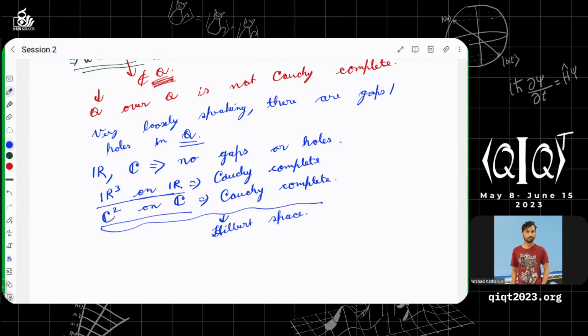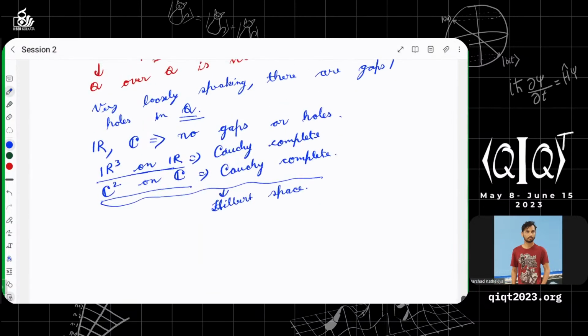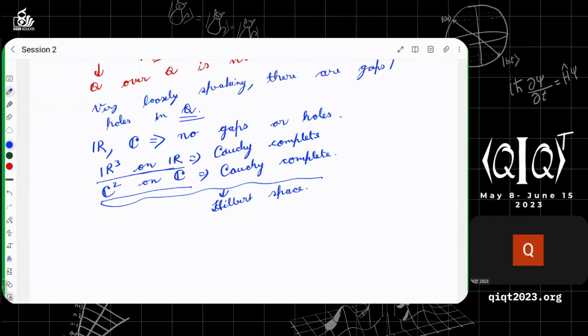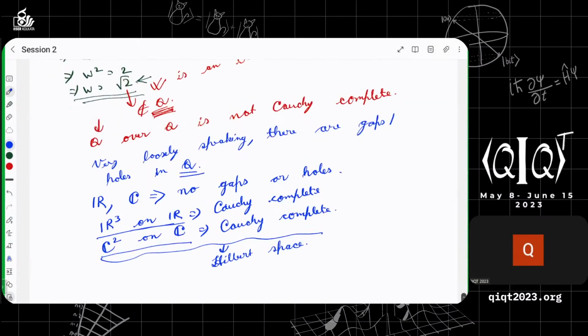I have a question. What is the role of this Cauchy sequence in this Hilbert space? Yeah, there's no role as such. The fact that the Hilbert space is Cauchy complete ensures that the formalism of quantum mechanics works well.